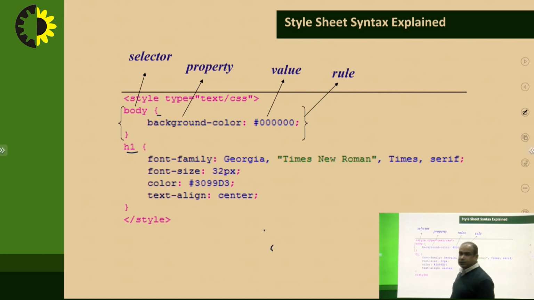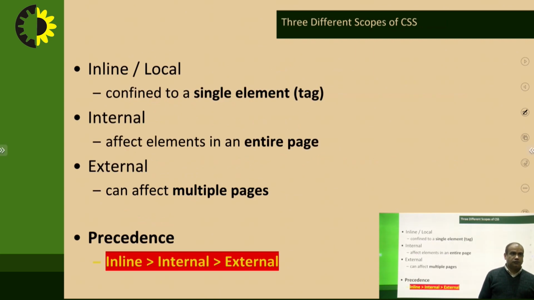This style sheet can be used as internal, external, or inline. So there are three kinds of CSS, as I mentioned earlier: inline, internal, and external. Internal affects elements in an entire page.